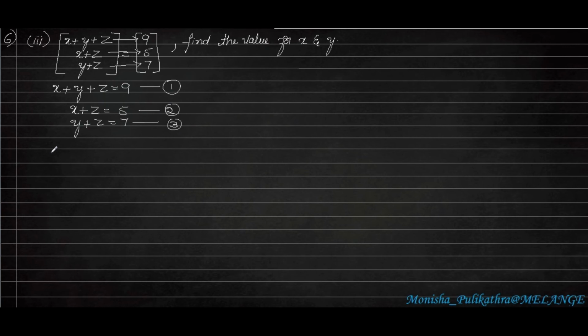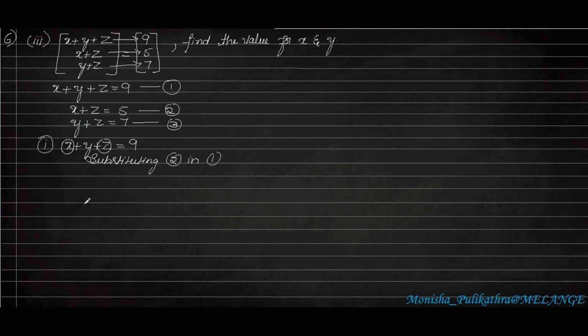First I'll consider the first equation, x plus y plus z is equal to 9. Now I'll substitute the second equation into this first one. The second equation is x plus z, so in the place of x plus z, we can substitute 5.